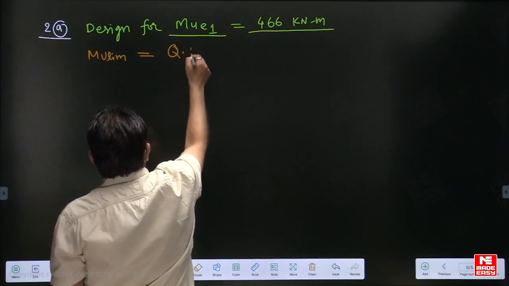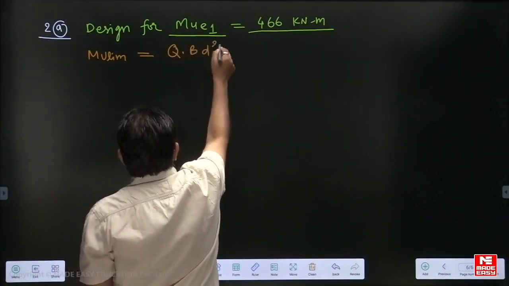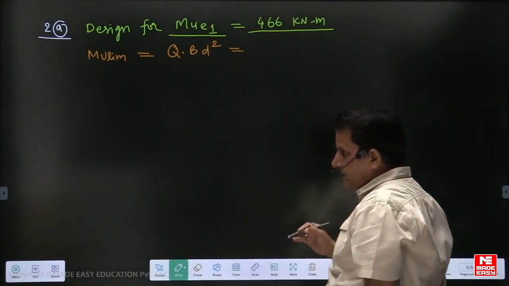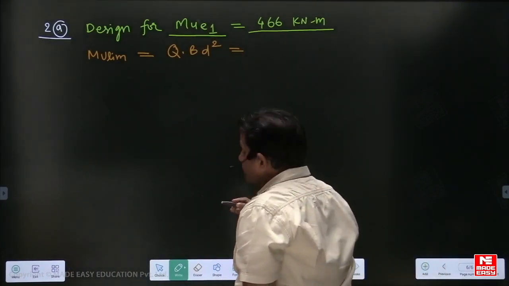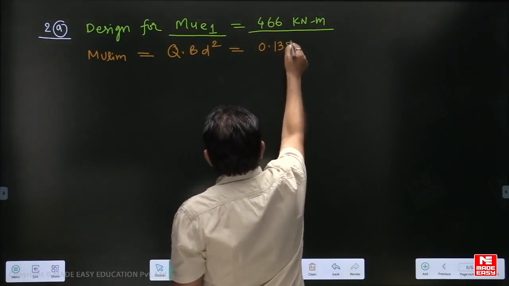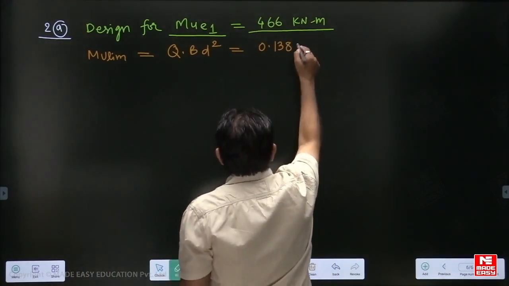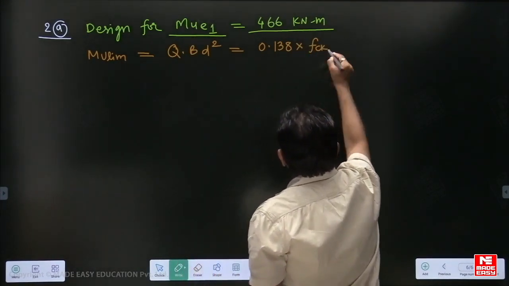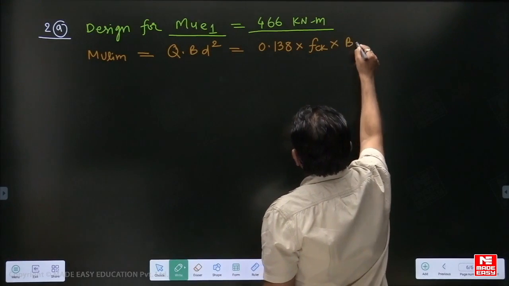This formula you know, it is QBD square, and the Q value for M30 concrete and Fe 415 steel, we have a direct formula, is 0.138 into fck for Fe 415, into B into D square.